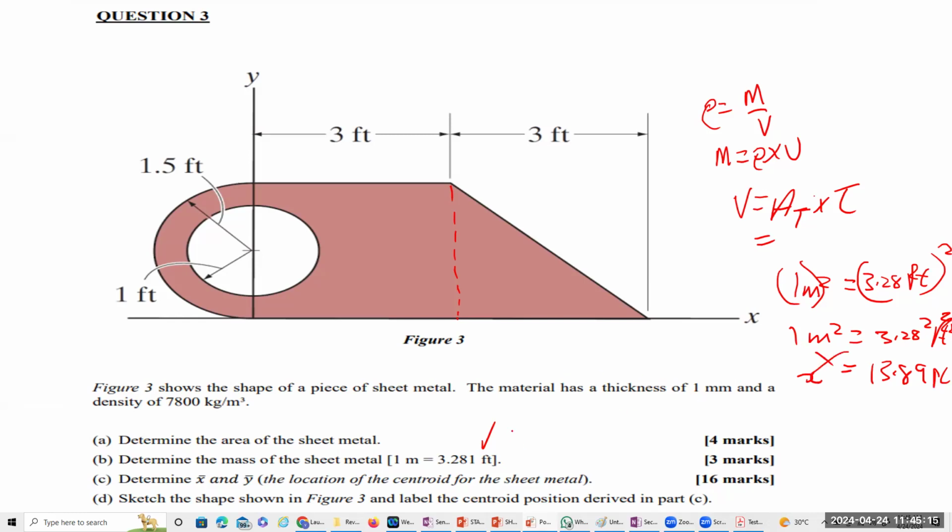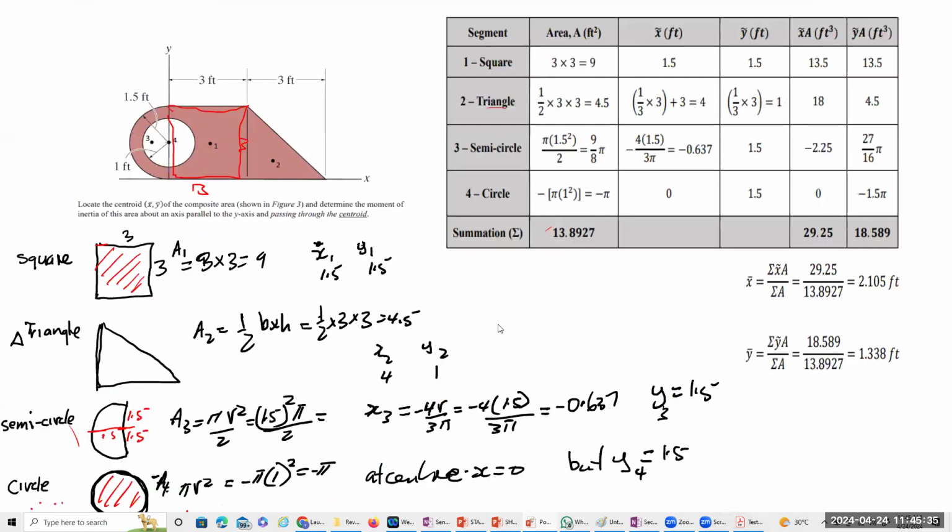You convert this to meters, and then you work that out, because you know what a meter is equal to. You multiply both of them, and then you use that to multiply times the density, right? So I won't demonstrate that. That is easy. All right, so you're going to work that out.